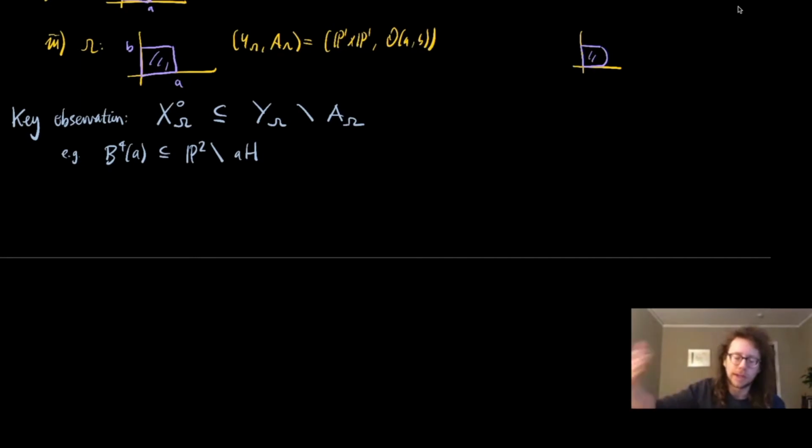That a ball is symplectomorphic, in this case actually equal, to P2 without a hyperplane section.